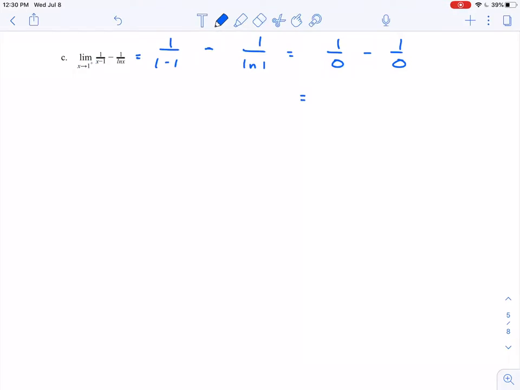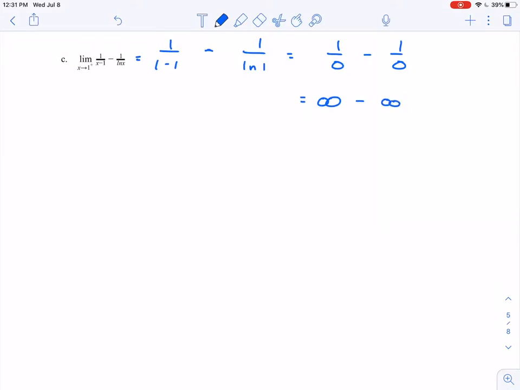From the right-hand side, I'm going to have 1 over a very small positive number, which means that this should approach positive infinity, minus, and then I'll do the same thing with natural log of x. Again, as x approaches 1 from the right-hand side, natural log of x approaches 0 from the positive side. So I have 1 over 0. This should approach positive infinity here.